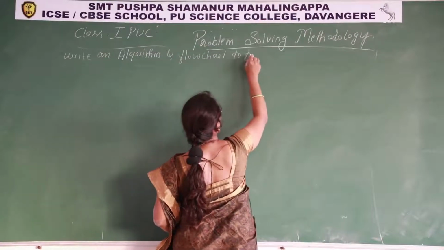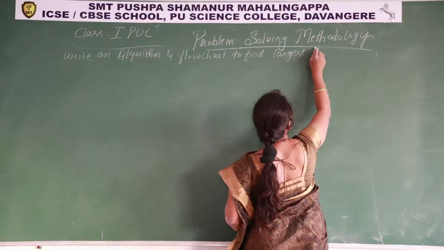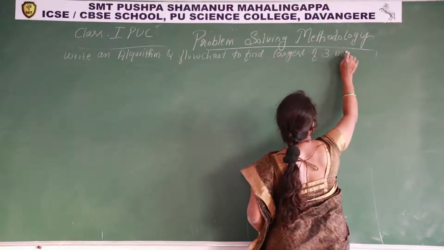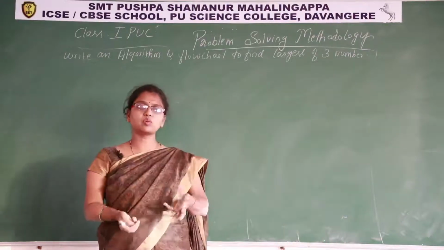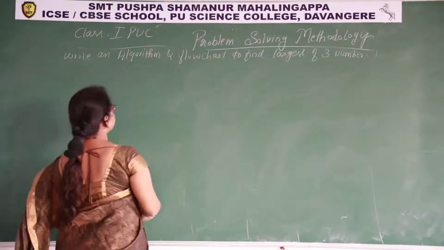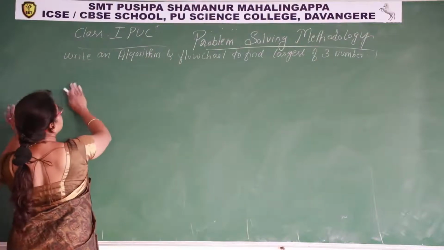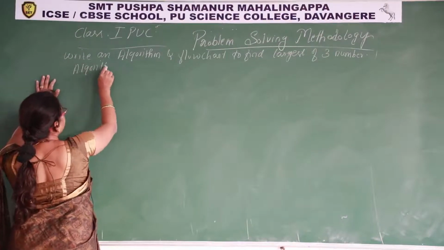Here he has given three numbers. He did not mention whether they are whole numbers or decimal numbers. I will consider whole numbers. So first I will write the algorithm. You all know what an algorithm is.